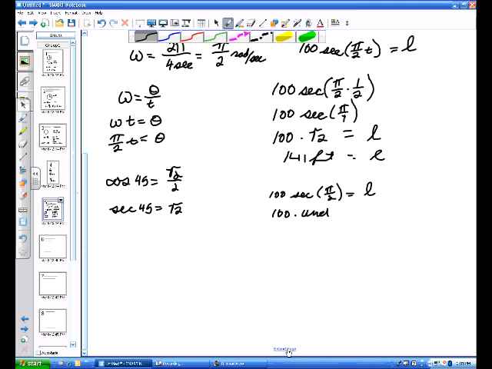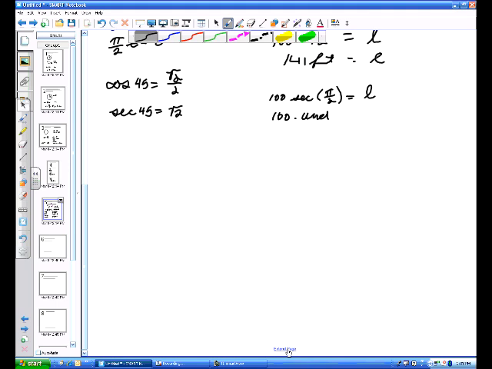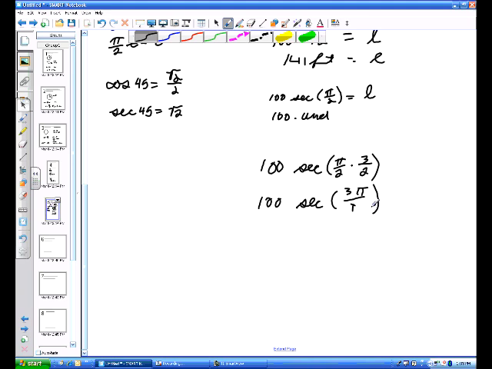And then if we want 1.5 seconds, then we would have 100 times the secant of pi over 2 times 1.5, which would be 3/2. So we end up with the secant of 3 pi over 4.